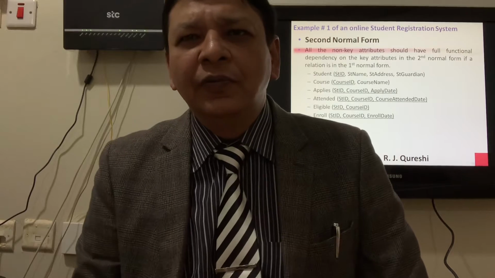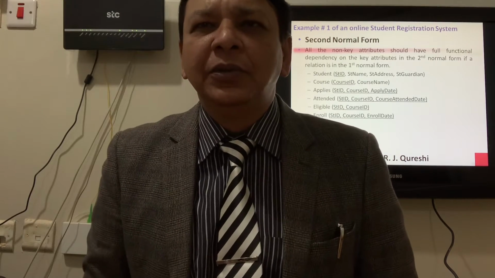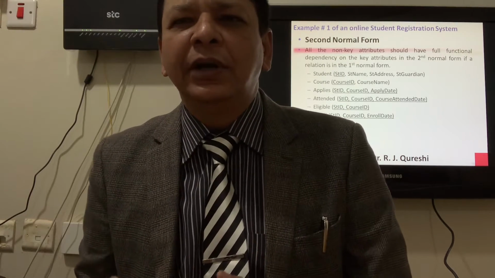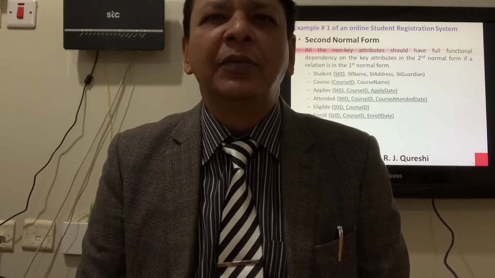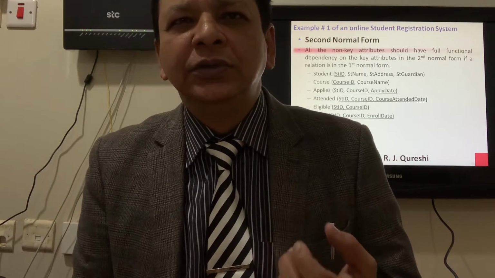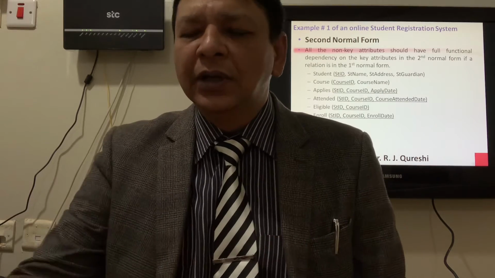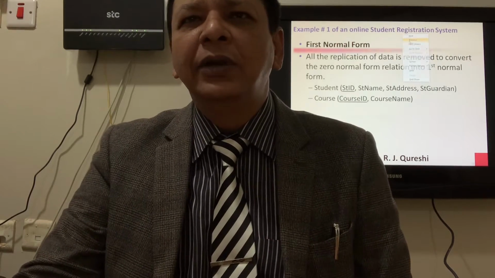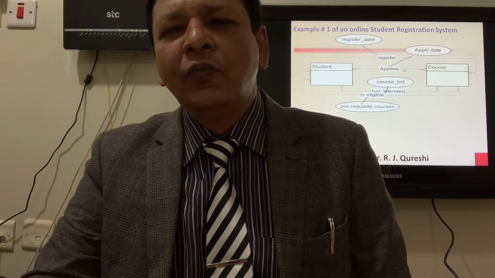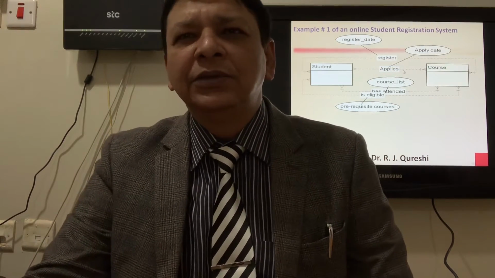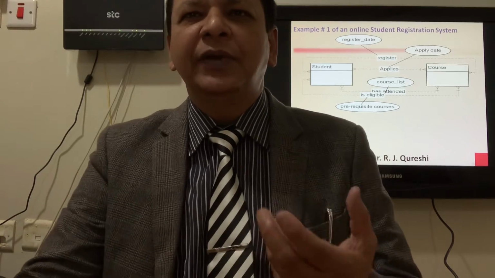In the second normal form, all the non-key attributes should be fully functionally dependent on the primary key or the key attributes, if it is in the first normal form. So student, course, because all the relations are many to many, and in case of many to many relationships, all the associations will become tables, associative entities.